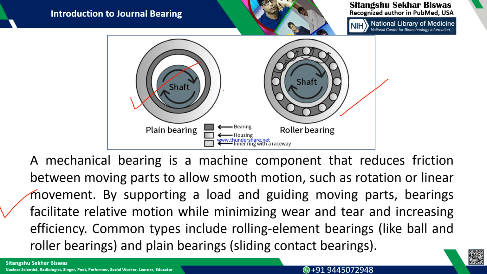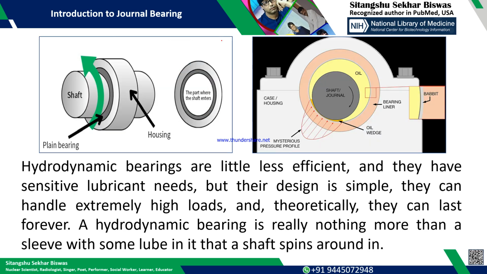What is hydrostatic and what is hydrodynamic, I will come to slowly. Basically we are going for the plain bearing, which is the journal bearing, so we will be focusing mainly on the journal bearing.